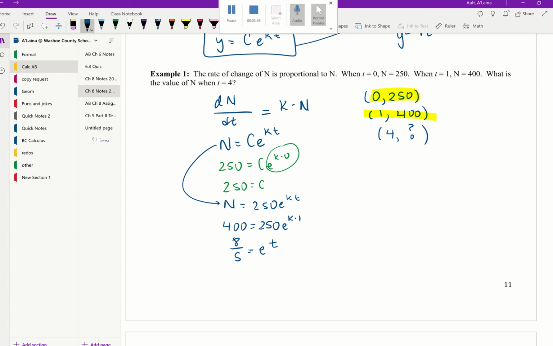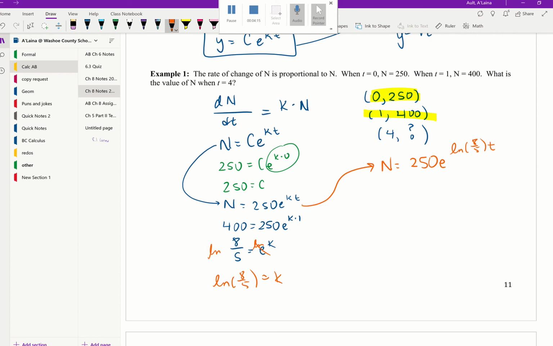You could leave it 400 over 250, and that equals e to the power of k. Well, if I then take the natural log of both sides, k is equal to the natural log of 8/5. So now I can further customize my equation for n. n is equal to 250 times e to the power of the natural log of 8/5 times t.